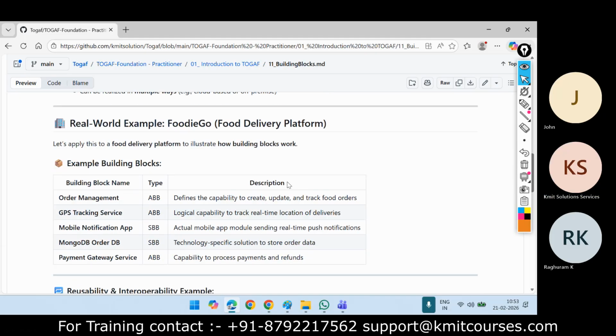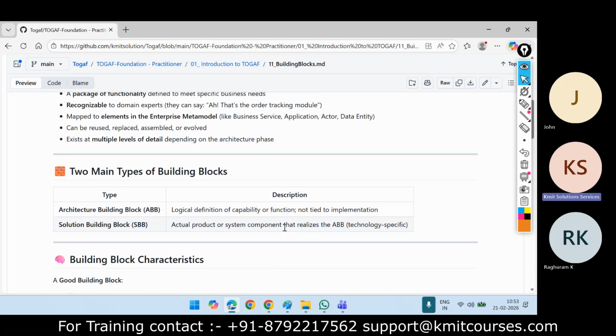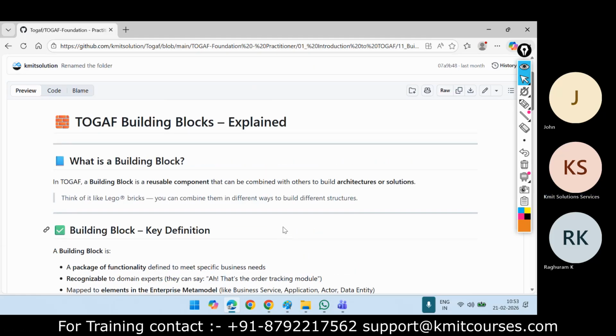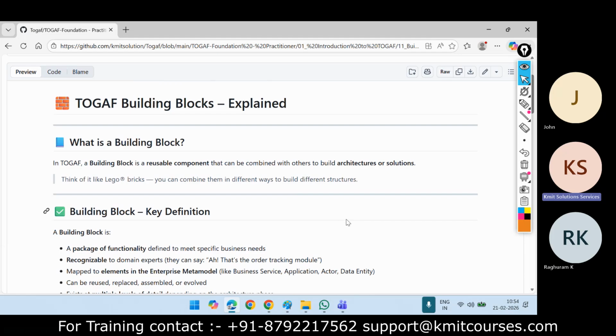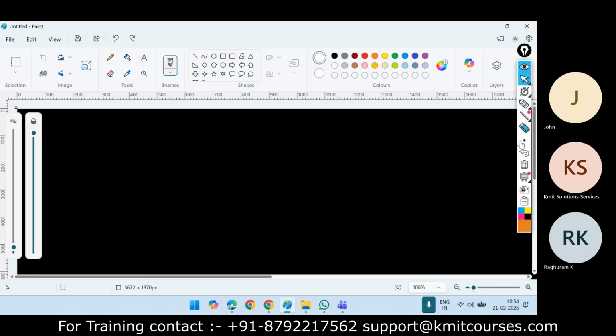So these are the building blocks. Now, let us talk about the two types of building blocks. Okay, so there are two types of building blocks.